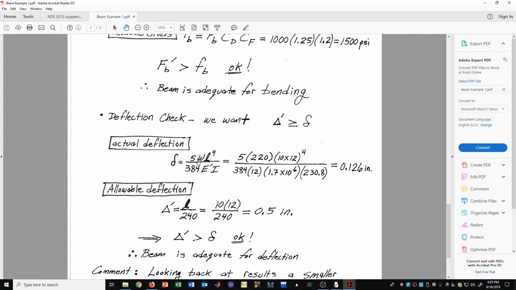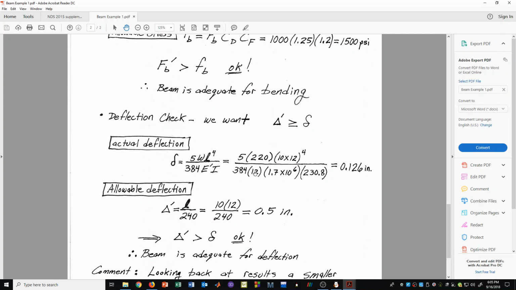For a uniformly loaded, simply supported beam, the deflection at mid-span, which is the biggest deflection location, is 5WL to the fourth over 384 E prime times I, and that will be Ix. We then put in the values, so we have 5, 220 pounds per lineal foot.